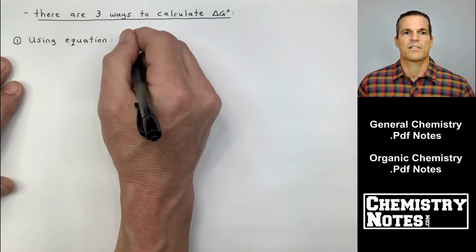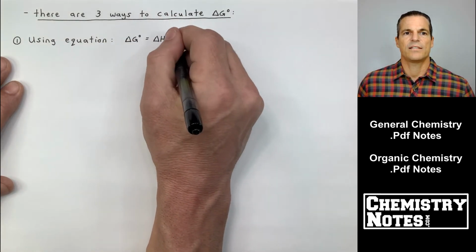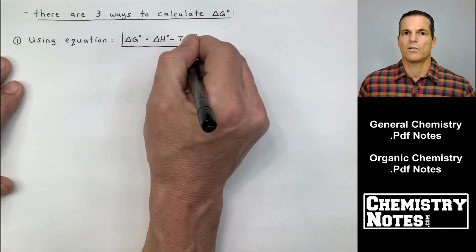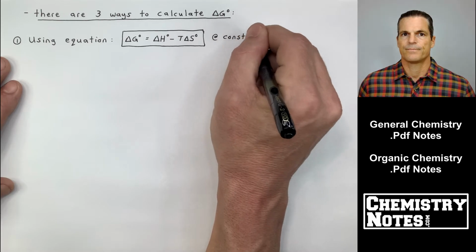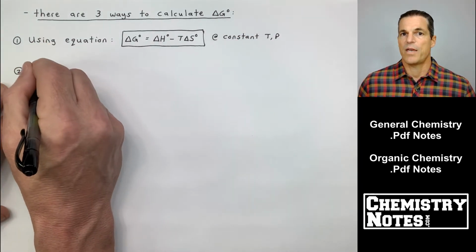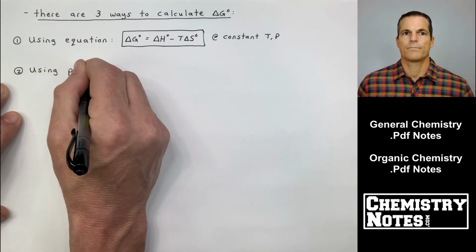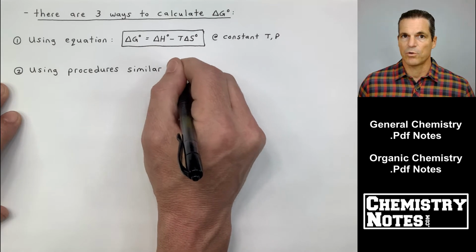So let me just recap what number 1 was. Number 1 says, using the equation delta G equals delta H minus T delta S at constant temperature and pressure. And we saw that on pages 1 and 2 of this video. And then number 2 and number 3 we haven't done yet, but we're going to explore them right now.